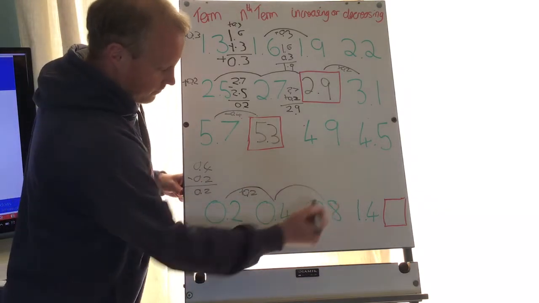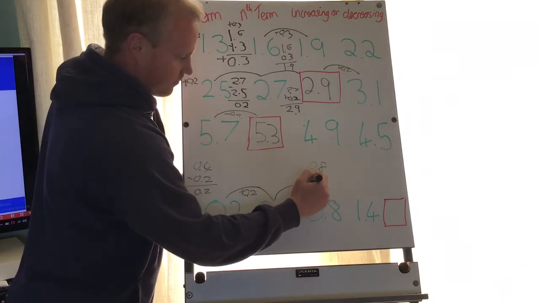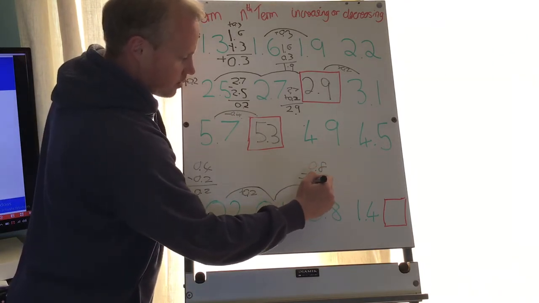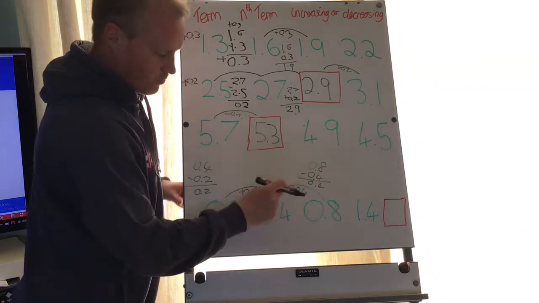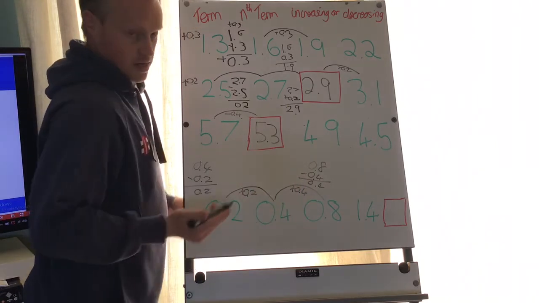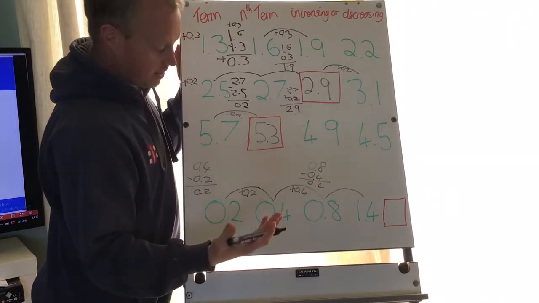Now I'm going to investigate this. 0.8 take away 0.4 leaves me 0.4. So this was an increase of 0.4. Important that you note down each step of what you find out, because this will reveal itself in a minute.